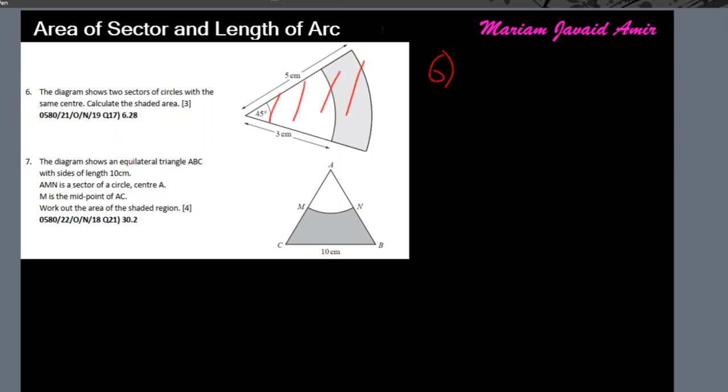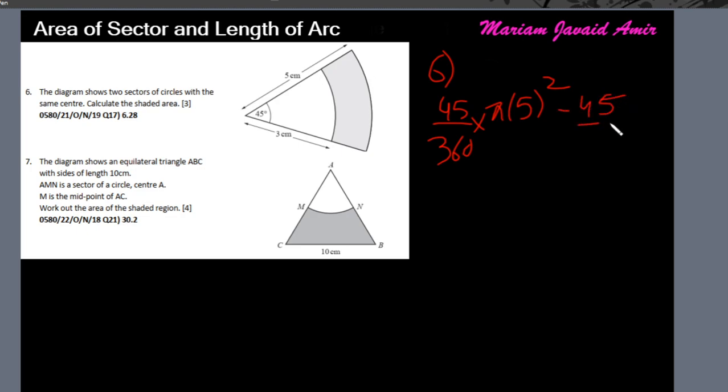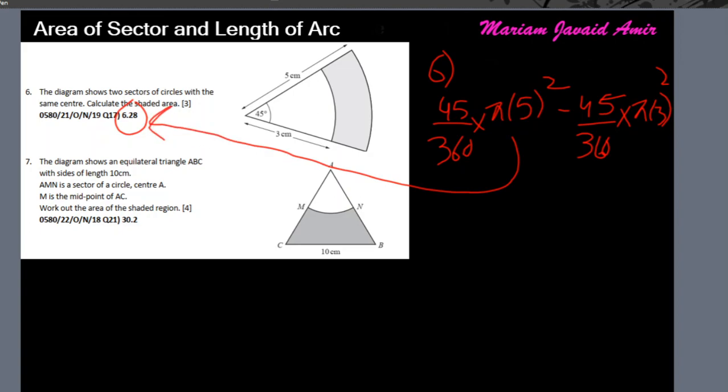So the total area is 45 over 360 times pi times radius squared, because the total radius is 5, minus the unshaded area, which is 45 over 360 times pi times 3 squared. So this should give you this value, rounded off to 3 significant figures.